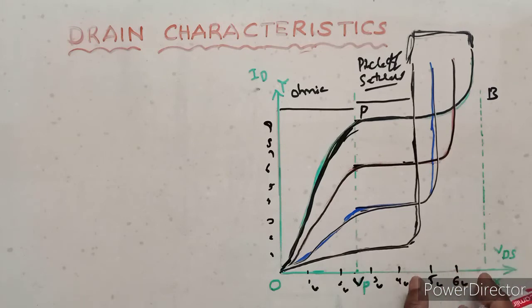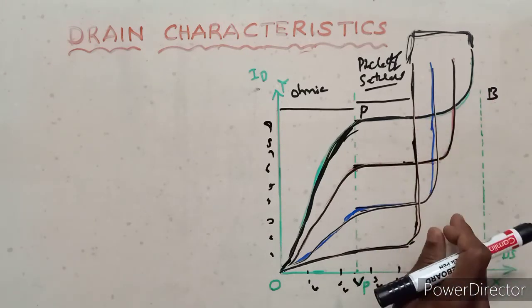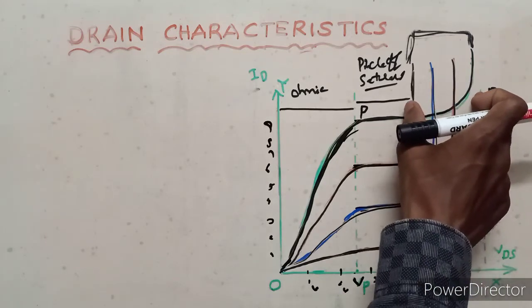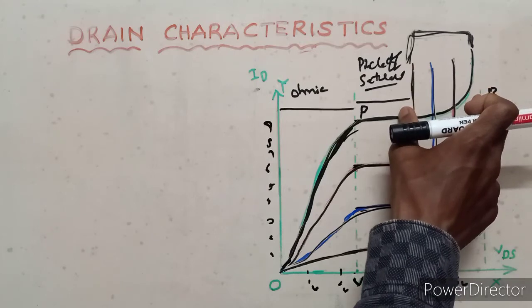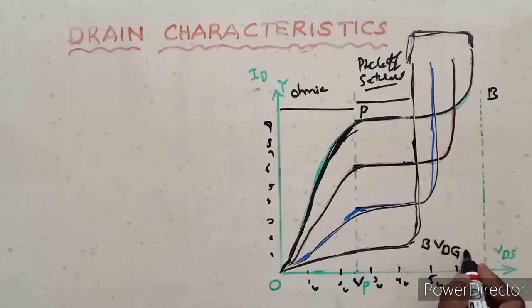That means at a certain voltage corresponding to the point B, the drain current suddenly increases. So this region is called the breakdown region. That voltage is denoted by VDGO.